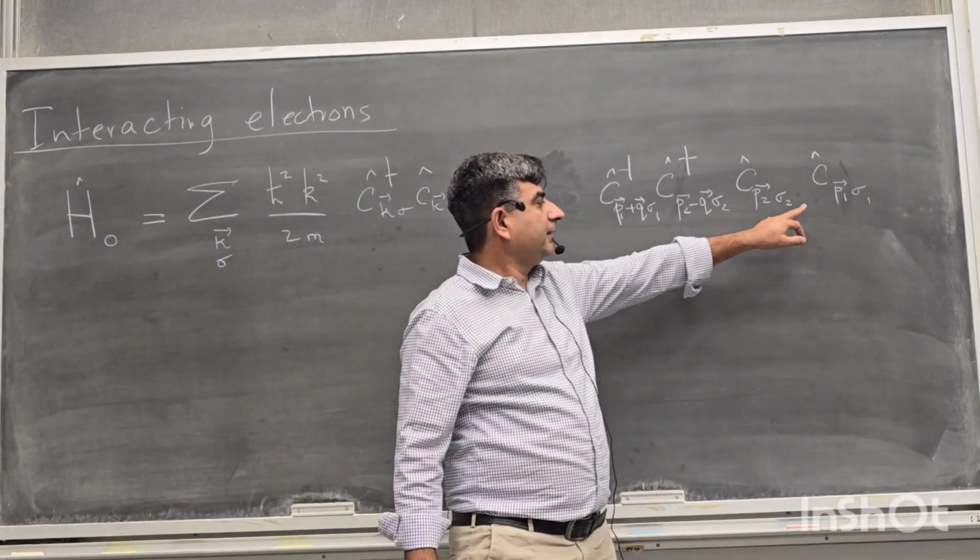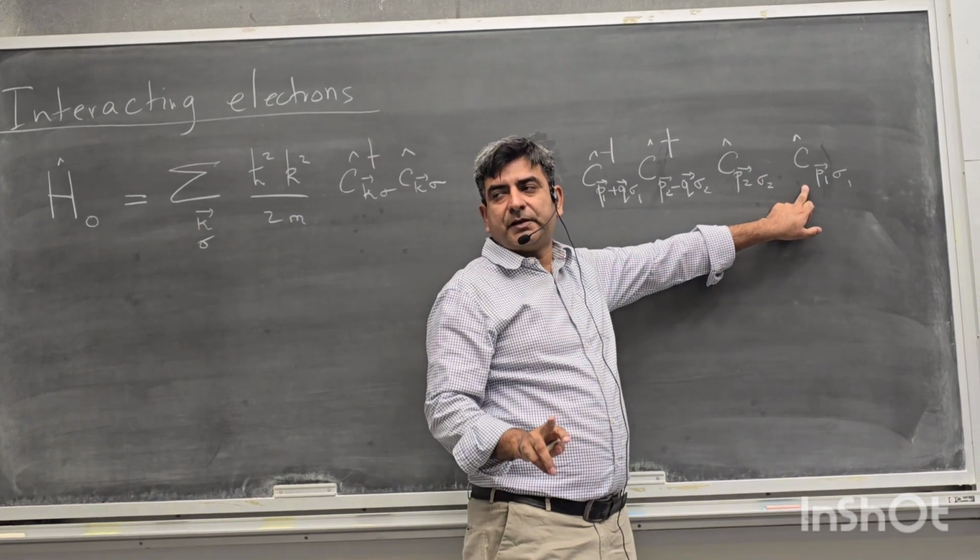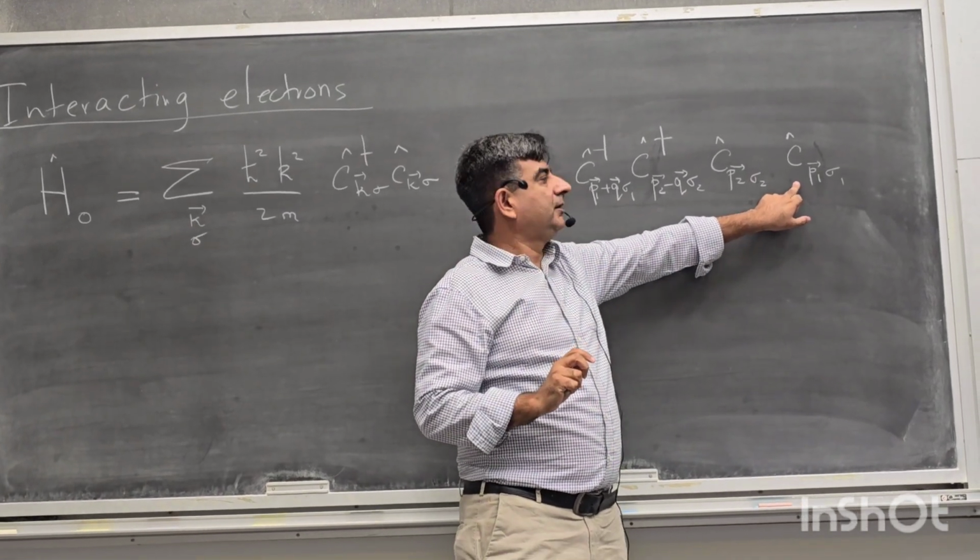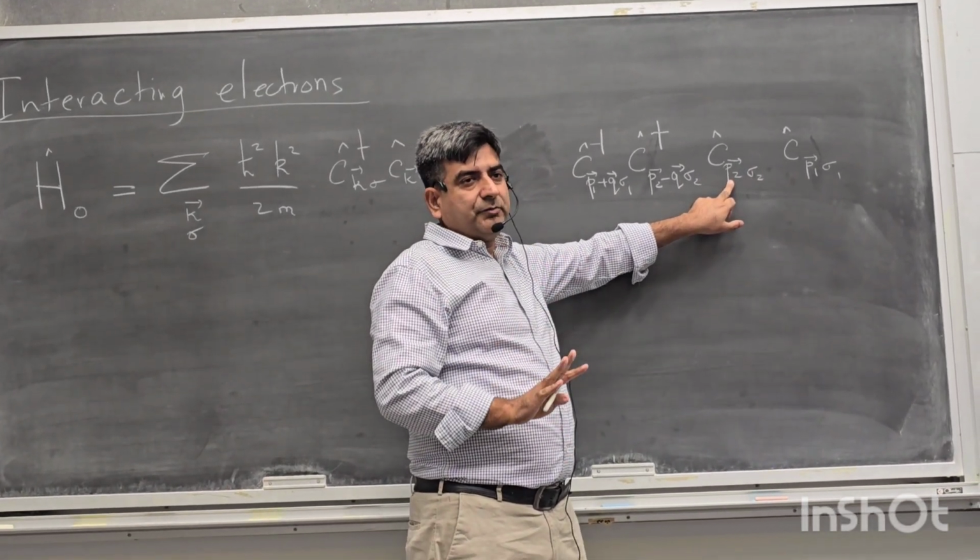You are annihilating an electron of momentum p1, spin σ1. You're annihilating an electron of momentum p2, spin σ2.